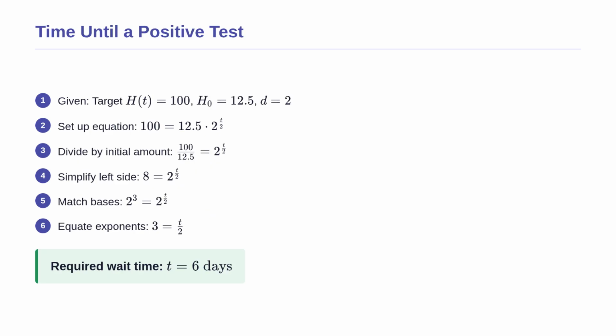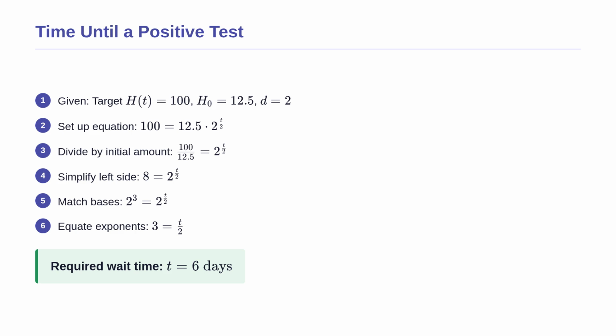Let us look at another practical scenario, this time working backward. A home pregnancy test requires a threshold of 100 units to show positive. If a woman starts with 12.5 units and the doubling time is 2 days, how long must she wait? We set our target of 100 equal to 12.5 times 2^(t/2).